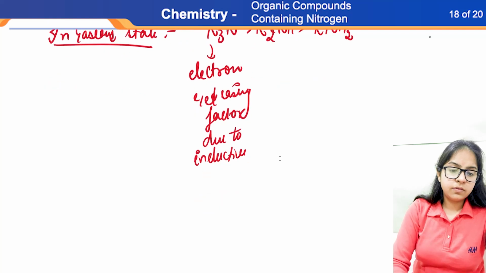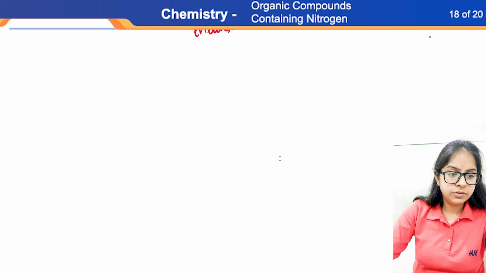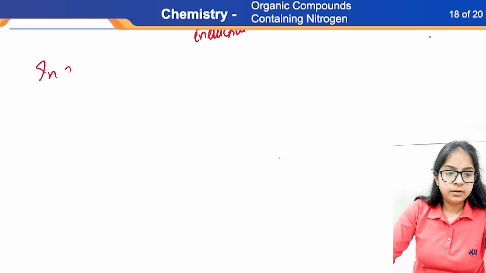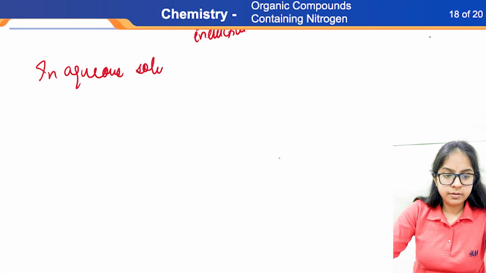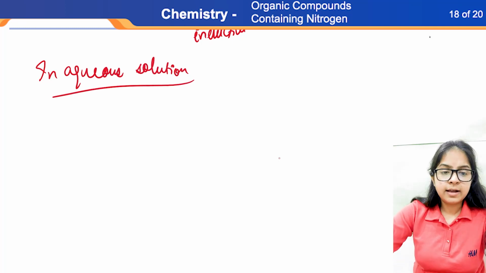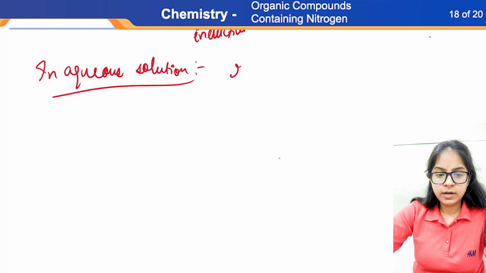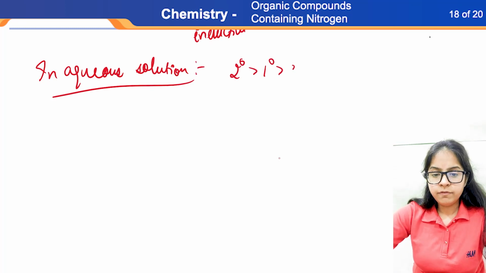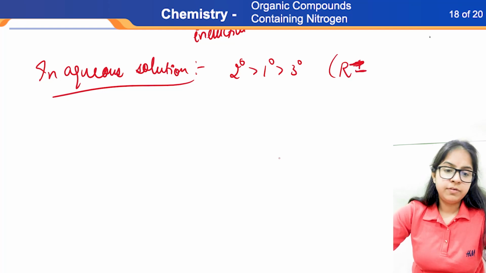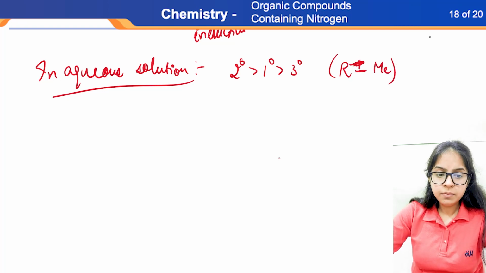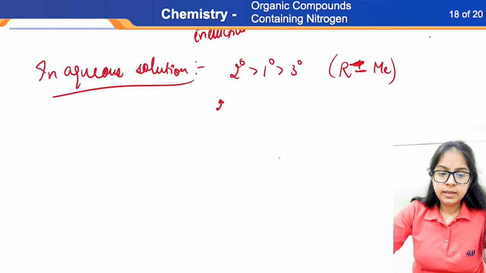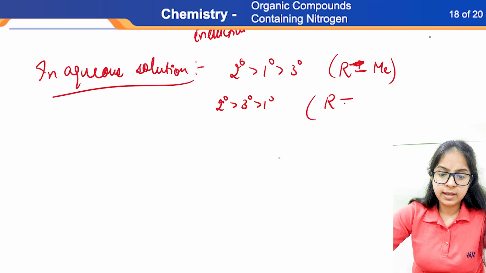In aqueous solution, you need to remember the order of the primary and secondary amines. In aqueous solution, 2 degree, 1 degree, 3 degree if the alkyl group is a methyl group, and 2 degree, 3 degree, 1 degree if the alkyl group is not a methyl group.